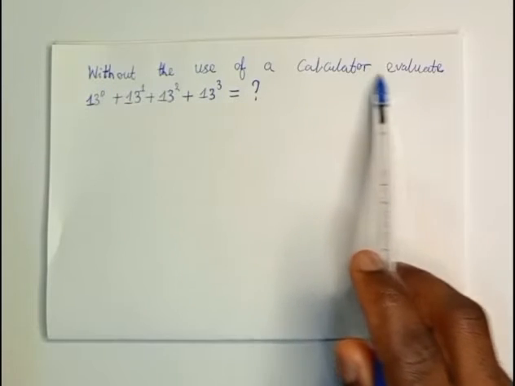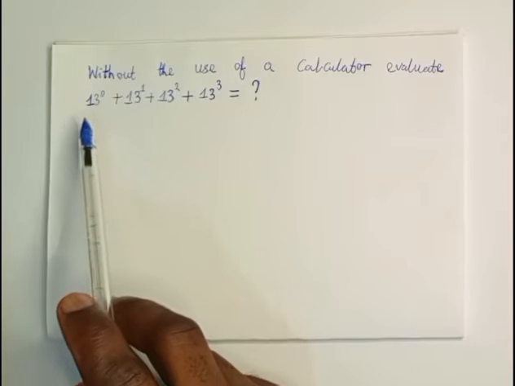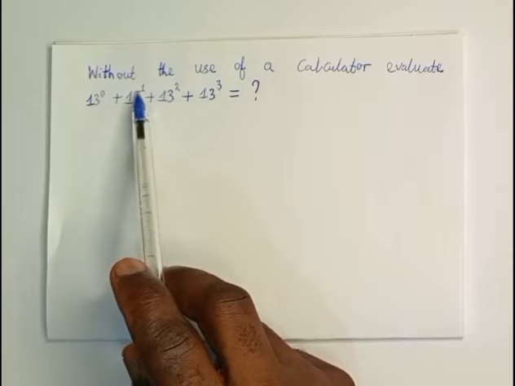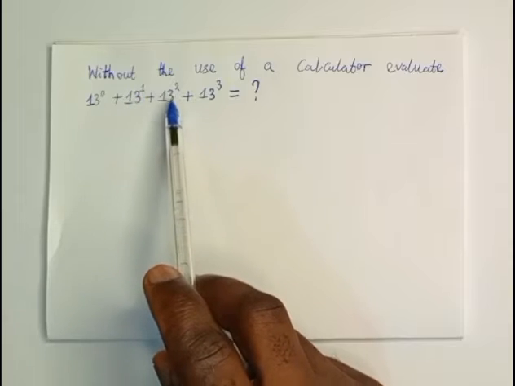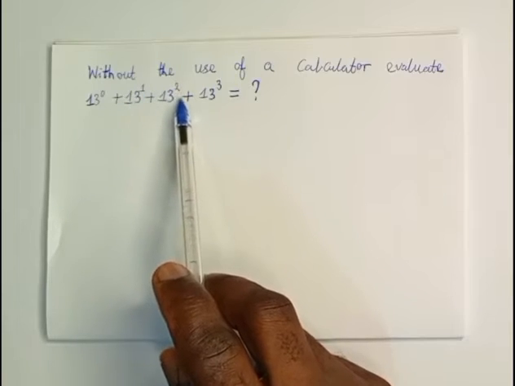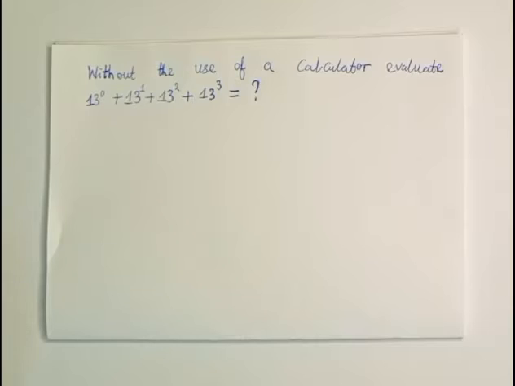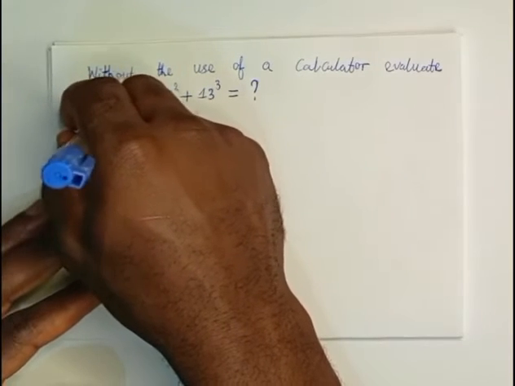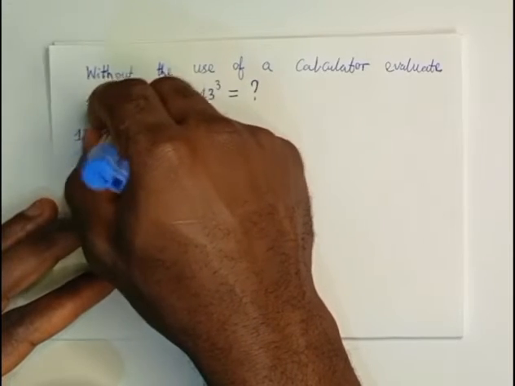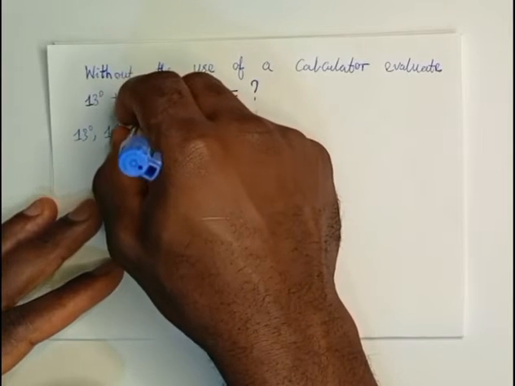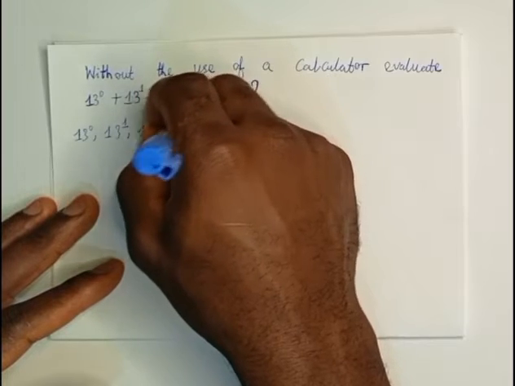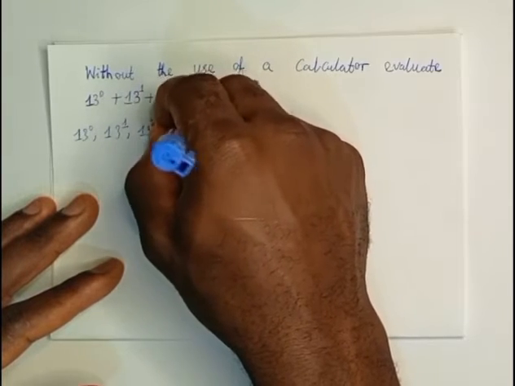Without the use of a calculator, evaluate 13 to the power 0 plus 13 to the power 1 plus 13 to the power 2 plus 13 to the power 3. 13 to the power 0, 13 to the power 1, 13 to the power 2, and 13 to the power 3.